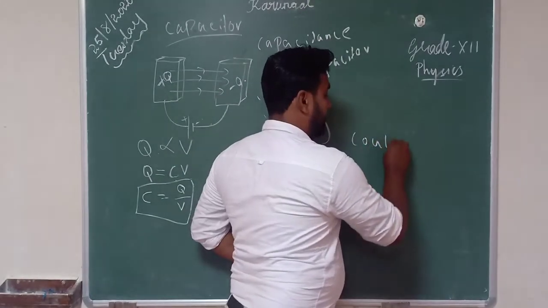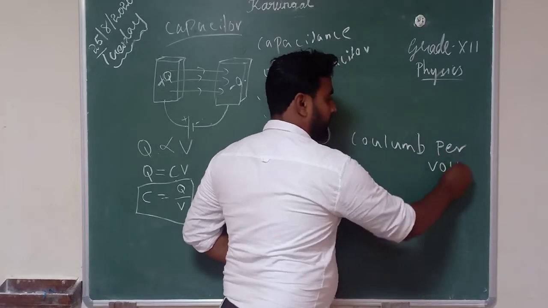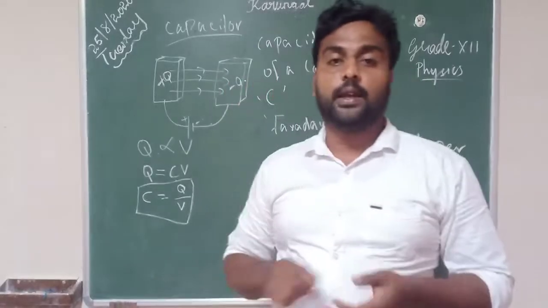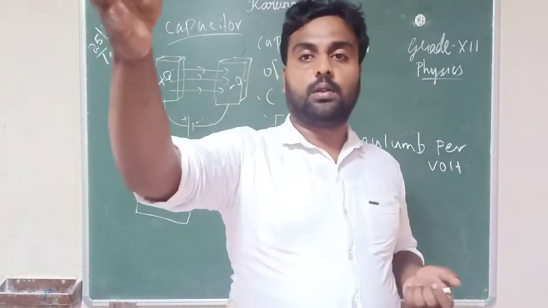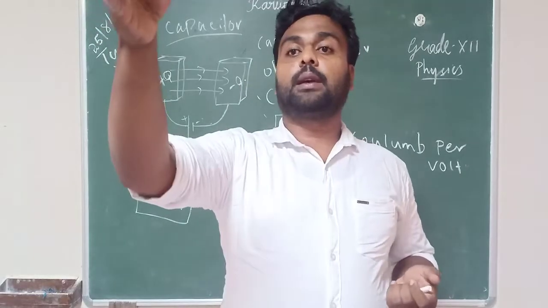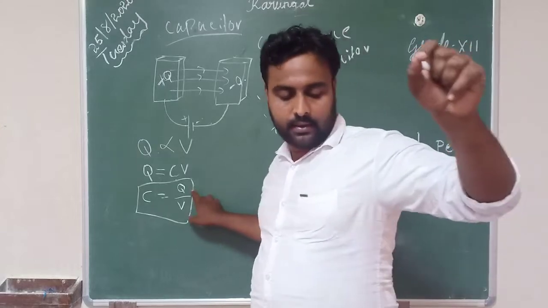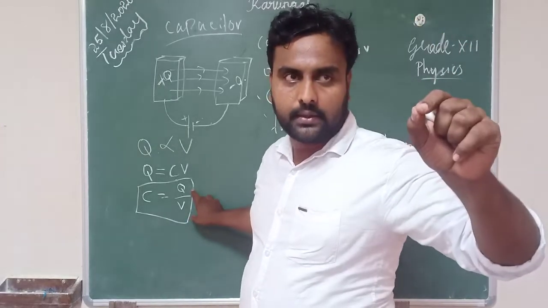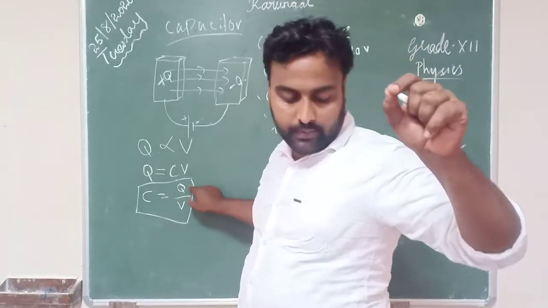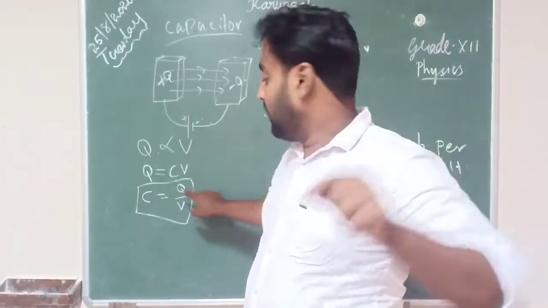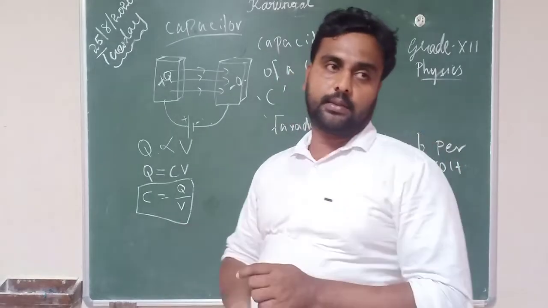Coulomb per volt is the unit we are using for capacitance. So all of you define capacitance. How can you define it? It is defined as the ratio of the magnitude of the charge on either conducting plate to the potential difference between them.